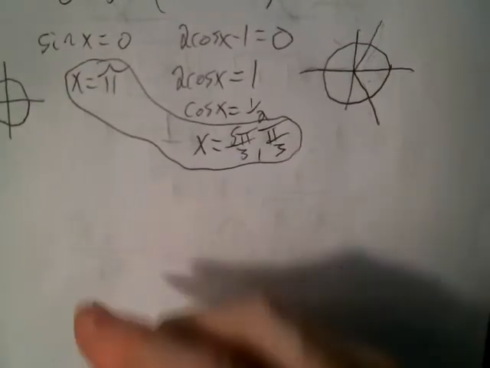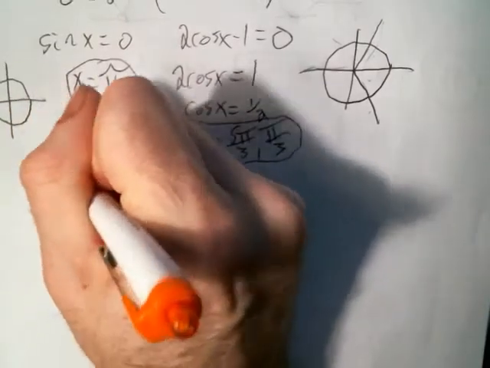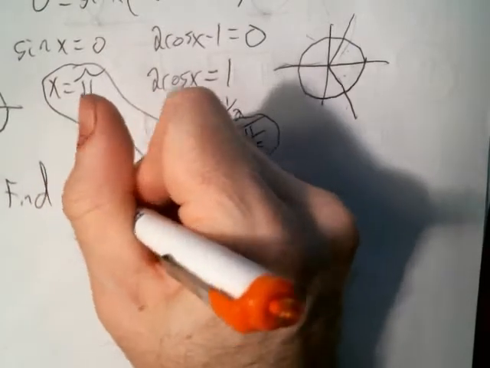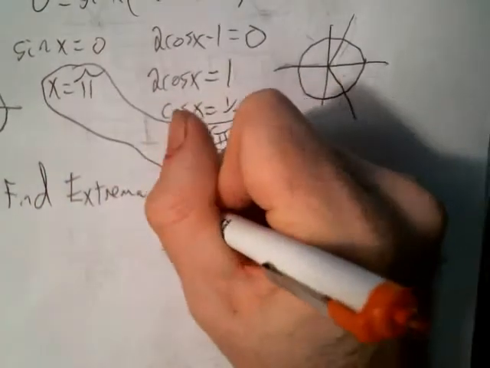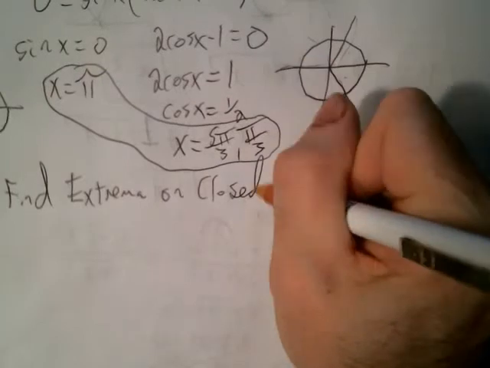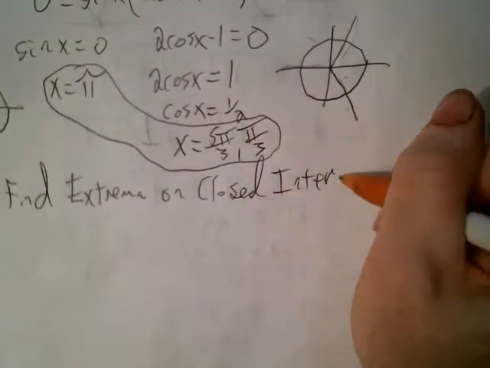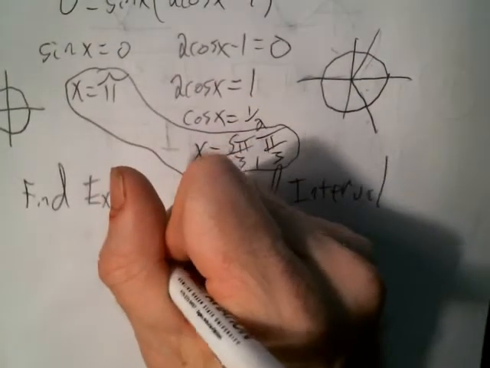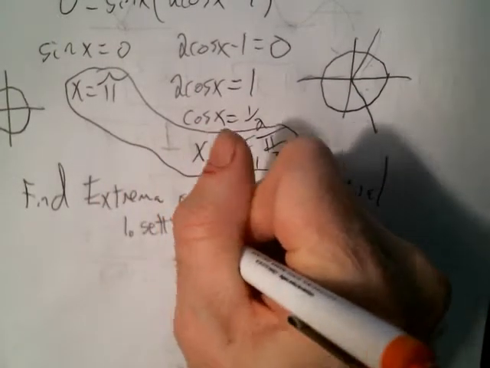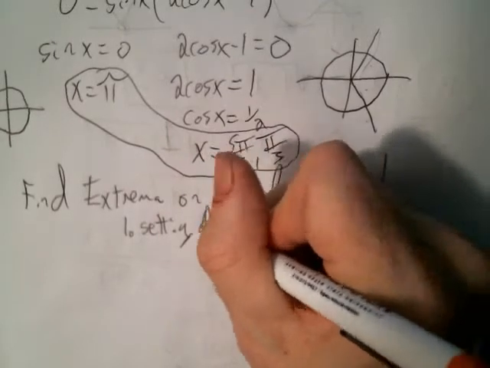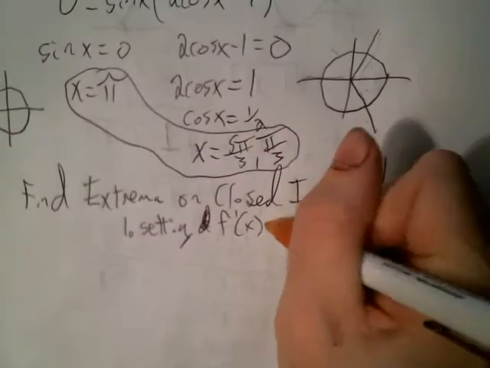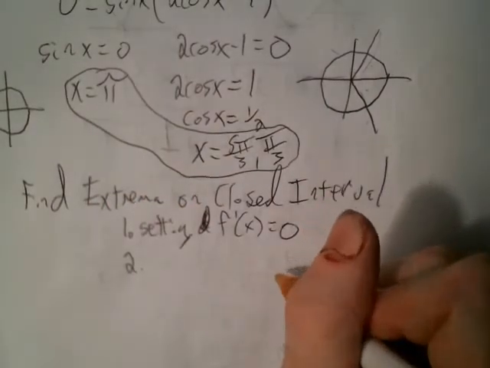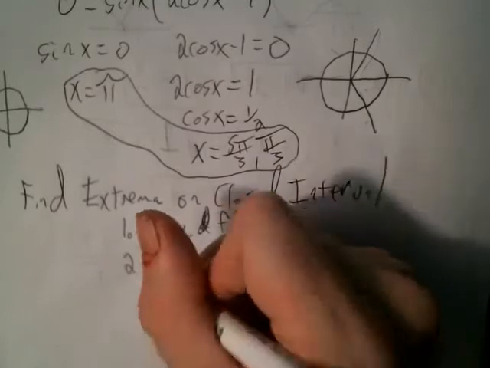Okay, the last issue here, which is important for you kind of non-math people, find the extrema on the closed interval. Okay, so it's just like before. You're going to be setting the derivative equal to 0 and solving. At the end, though, we're plugging all these critical numbers back into the original function.